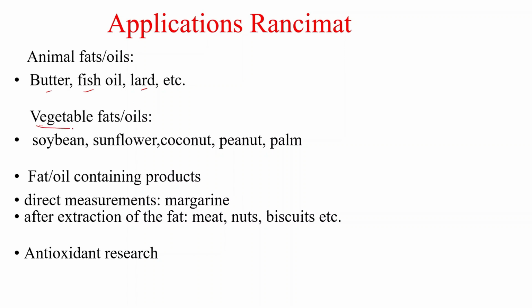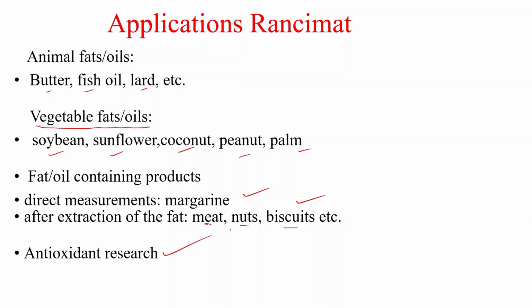The oil stability index of vegetable fats and oils like soybean oil, sunflower oil, coconut oil, peanut oil, palm oil can be determined. And for fat-containing products, direct measurements can be done for margarine, and after extraction of fat from meats, nuts, biscuits. So this is very popular in the biscuit industry also. Nestle is using this equipment to predict the shelf life of biscuits.